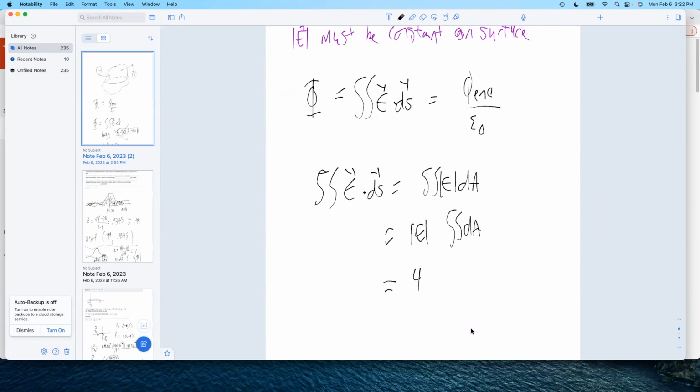The surface area of a sphere is 4 pi r squared. And that's supposed to equal my charge enclosed. My charge enclosed was just Q over epsilon naught. So that implies E is Q over epsilon naught, just divide over by the 4 pi r squared.